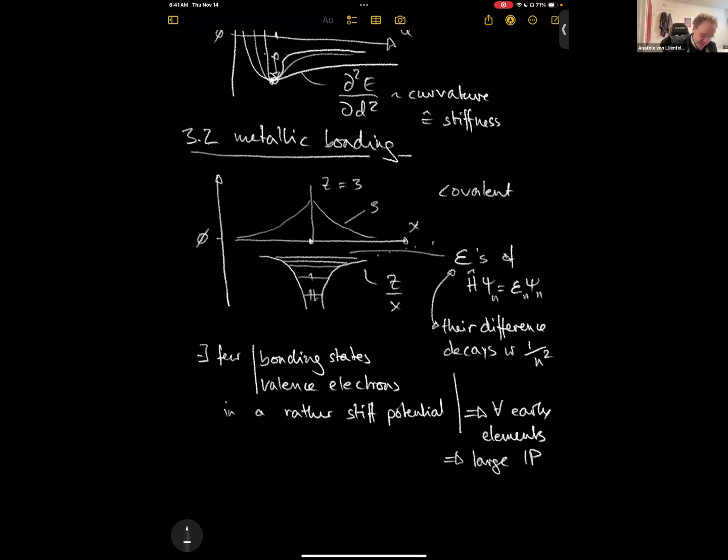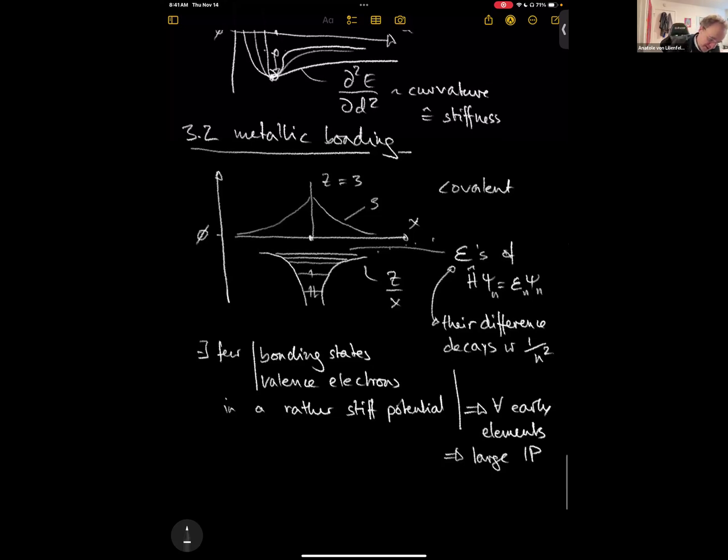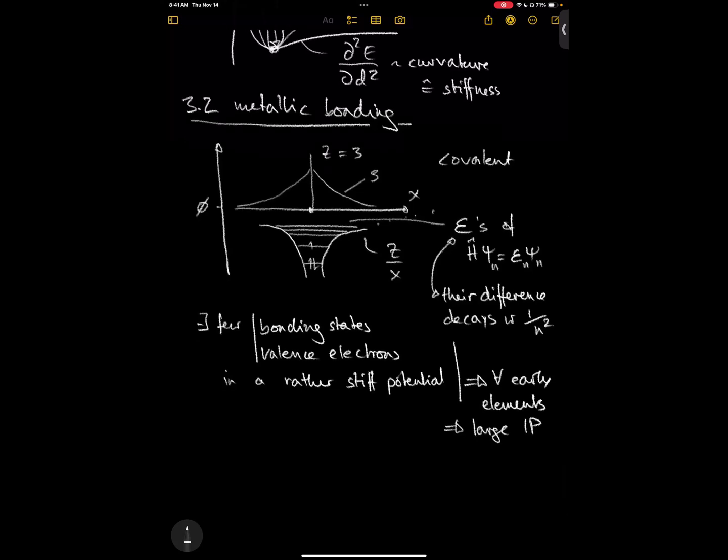And so the only way you can lower the energy further for these electrons is to go into these highly directional covalent bonds that happen on an energetically very low level.